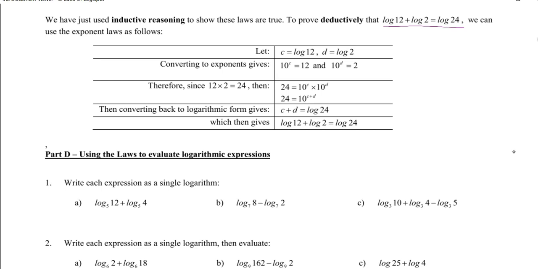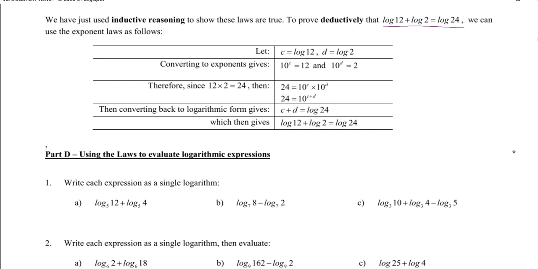Now, we know that 12 times 2 is equal to 24. But 12 is 10 to the C, times 2, but 2 is 10 to the D. So 24 is 10 to the C times 10 to the D. Exponent laws: when you multiply powers with the same base, base of 10, you add the exponents.